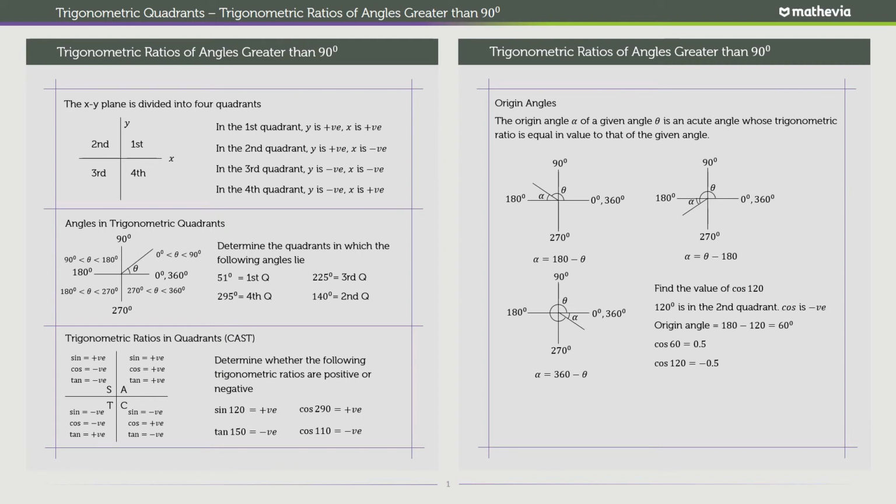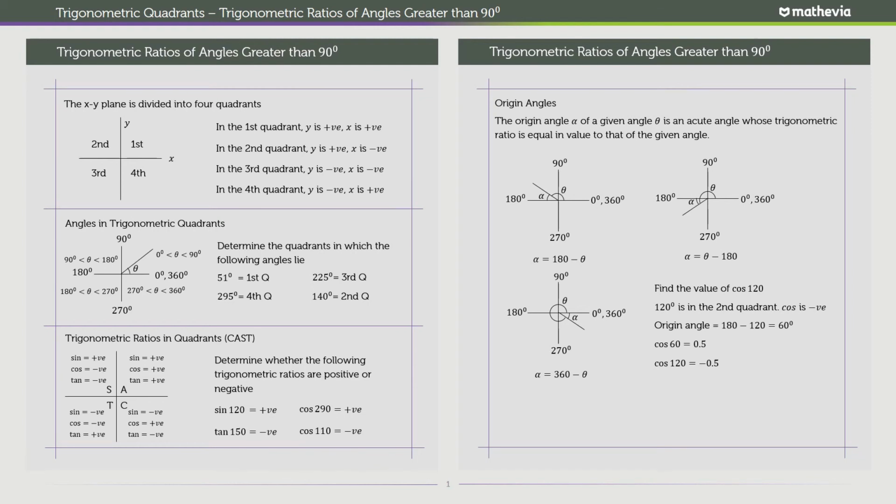You say 180 minus 150, that gives you 30 degrees. The sine of 30 degrees equals the sine of 150. The cos of 30 equals the cos of 150. The tan of 30 equals the tan of 150.